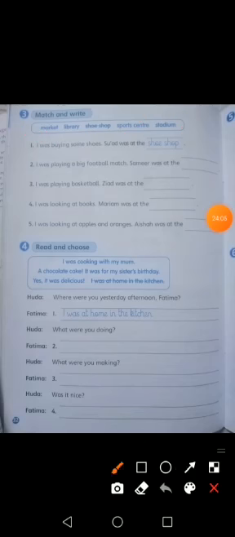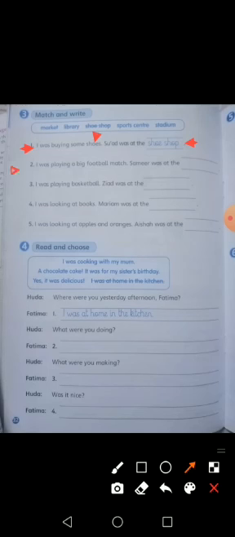Okay, student? So now, number 1. I was buying some shoes. Suad was at the shoe shop. So she got to buy some new shoes. So she was in the shoe shop.